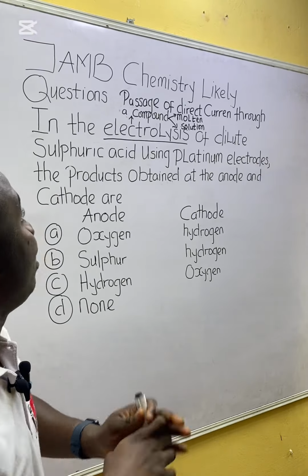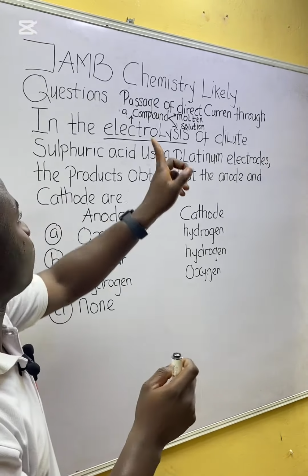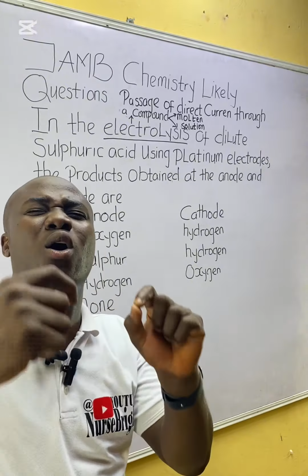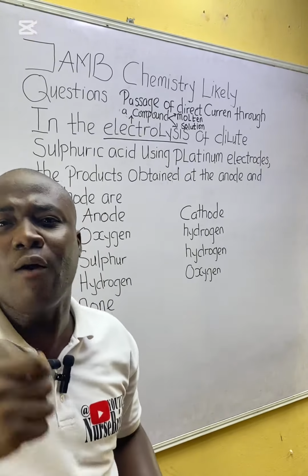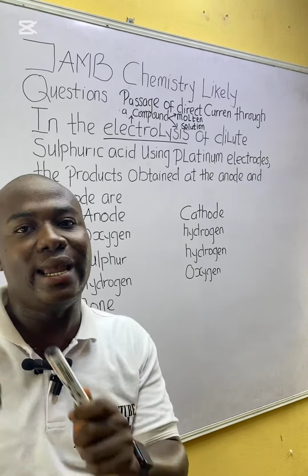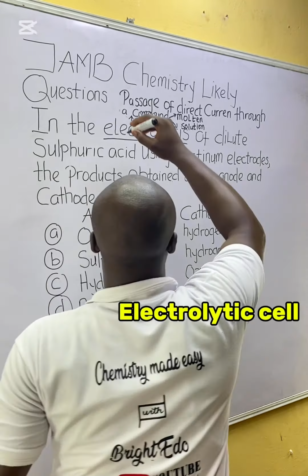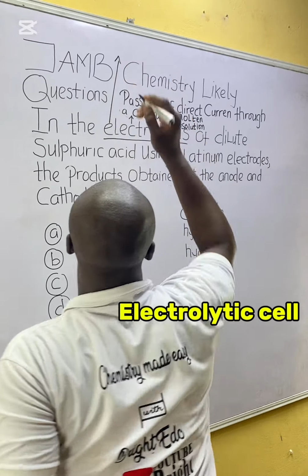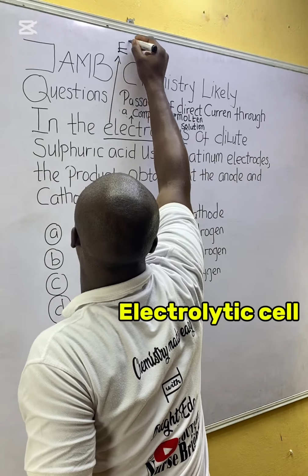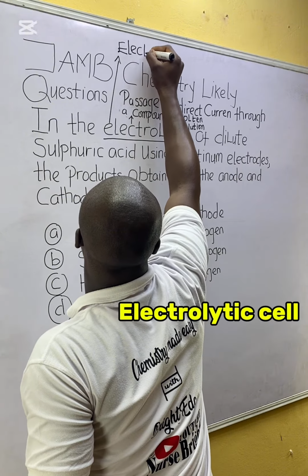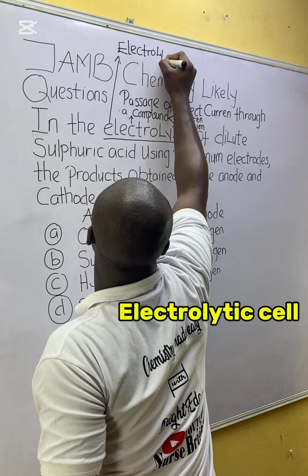Now also, it must be noted here that this process, which is called electrolysis, occurs in a special vessel called the electrolytic cell. So this must be noted as well. Electrolysis occurs in a special vessel called the what? Electrolytic cell.